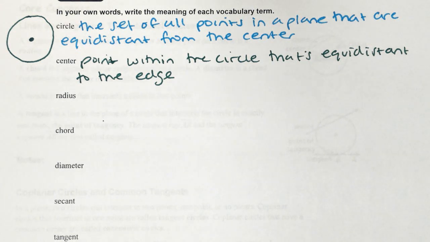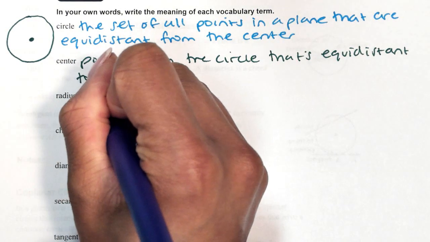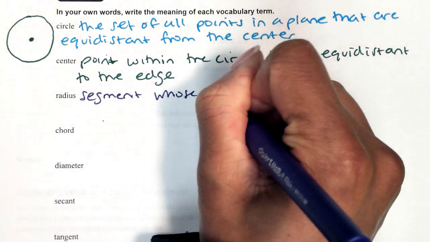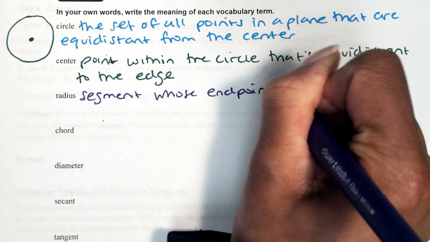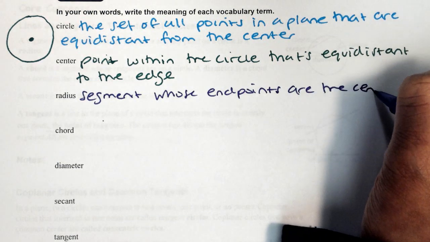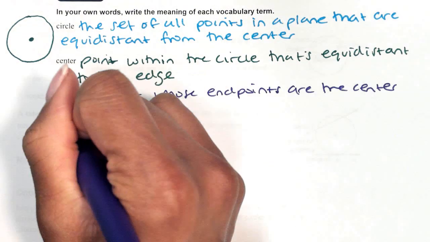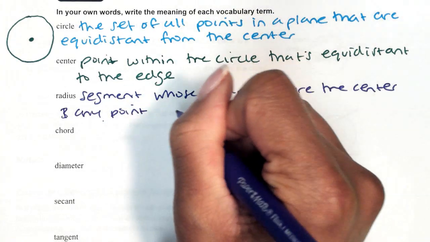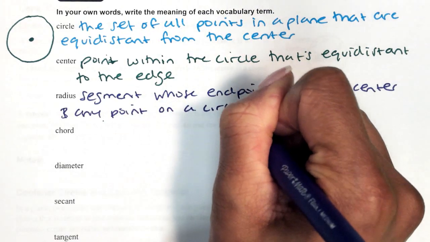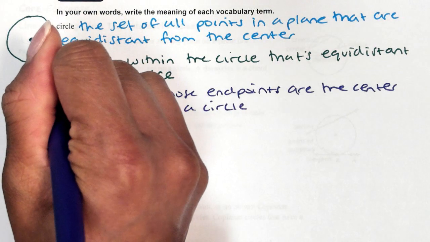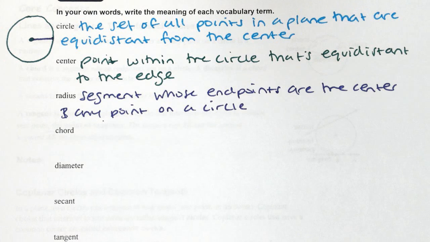Now let's talk about radius. We figured out what radius was, and that is the segment whose endpoints are the center and any point on a circle. We drew a picture of this: center to the edge, there you go, radius.